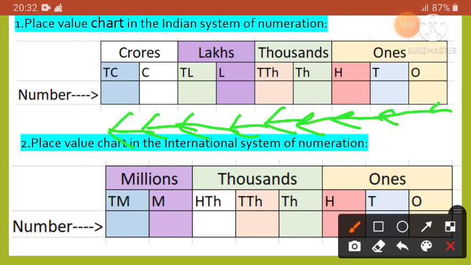But in the international system of numeration, it starts with 1, then 10, then 100, then 1000, then 10,000, then 100,000. Then it goes to the million column, and then 10 million. That is the difference between these two charts.